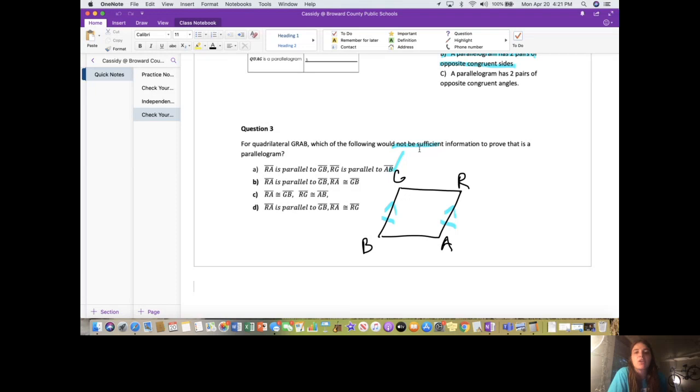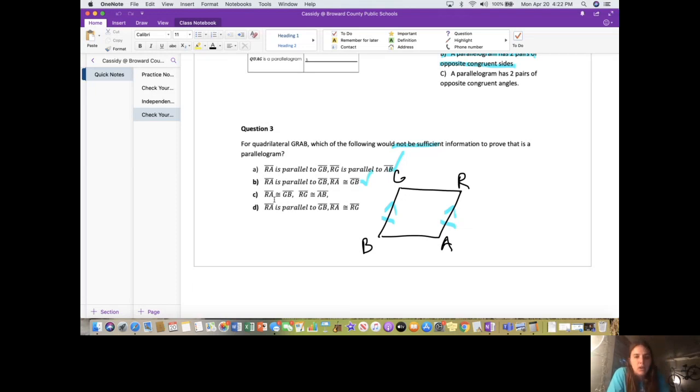Oh, so we're looking for not sufficient, because that would be sufficient as well. Okay, because if we know that one set of opposite sides are parallel and congruent, the other ones are also going to be parallel and congruent. Okay, so that one is good. That's enough information.